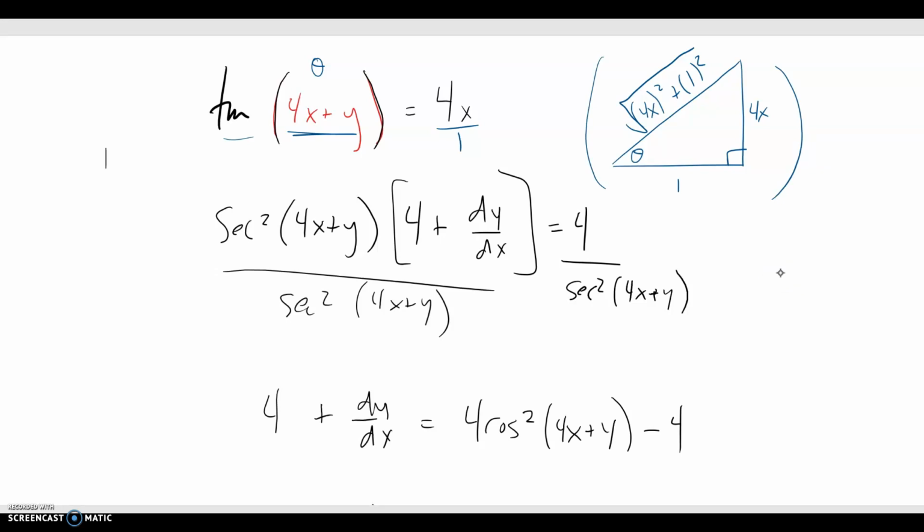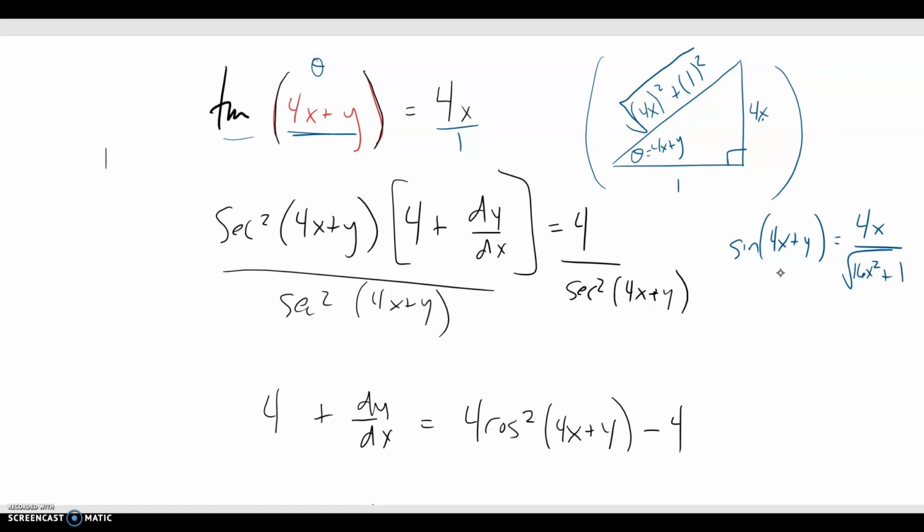If I know that the tangent of 4x plus y is this, then that means I know what the sine of 4x plus y is. Call this 4x plus y theta. So the sine of 4x plus y is opposite over hypotenuse, which is 4x over the square root of 16x squared plus 1.